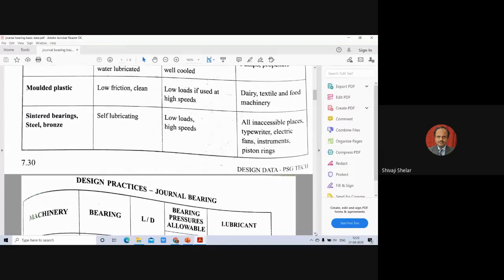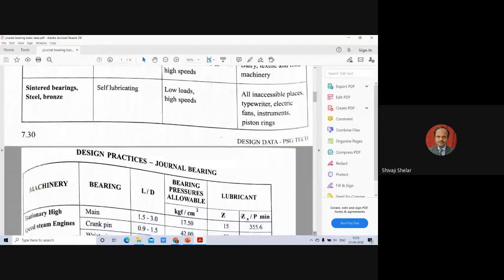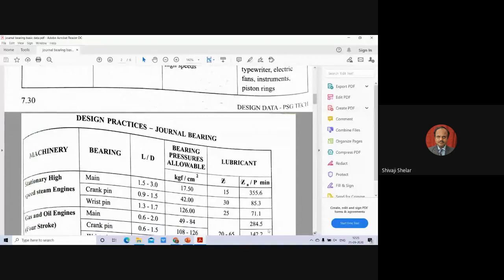So what design practice or basic values you have to select here is mentioned here. For which machinery you are going to select the bearing, what should be the approximate value of L by D, allowable bearing pressure, and normally what should be the lubricant viscosity for that bearing. These are tabled here.